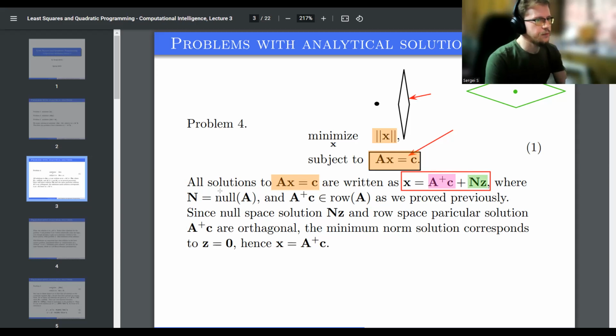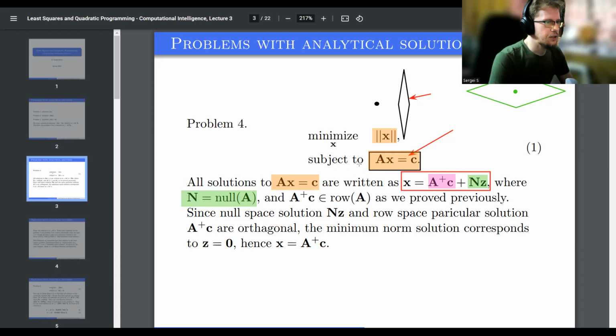N is an orthonormal basis of the null space of A. That is all material from the last lecture. So you can imagine this part in pink is a vector in the row space of A. This part in green is vectors that lie in the null space of A. Okay, that is the space of all possible solutions to the equation.